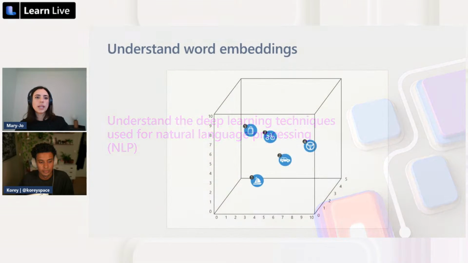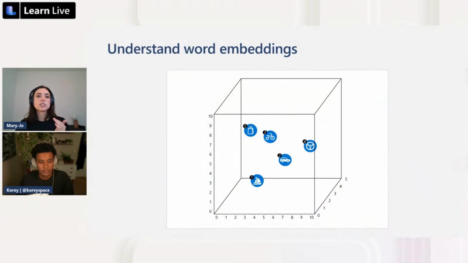So another way to convert a text or a word to a numerical representation is by using word embeddings. Word embeddings solve the problem of not being able to define the semantic relationship between words. Here you can see a three-dimensional space with three axes, and three words plotted in that space.